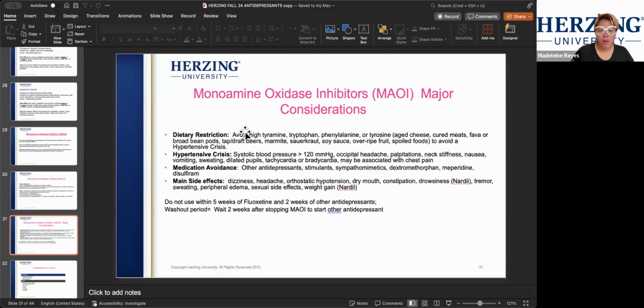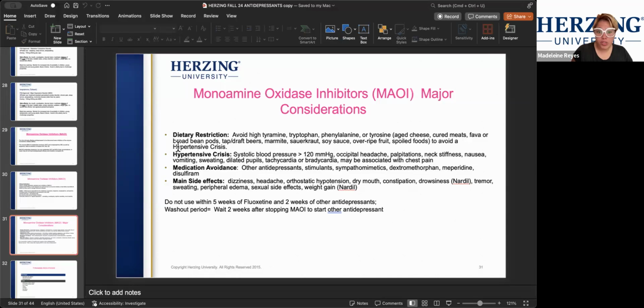So we have to avoid foods high in tyramine, and that includes, we'll go over it on the next one. Aged cheese, cured meat, broad beans, pickled foods, draft beers, and it's just too much of a dietary restriction for a lot of folks.